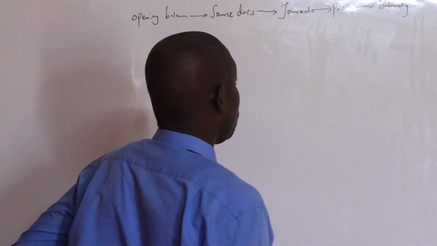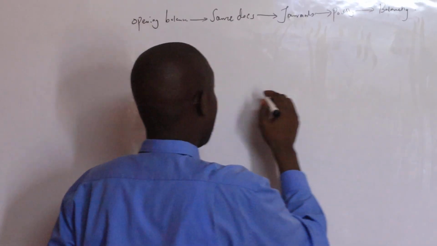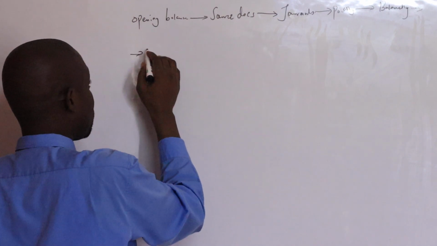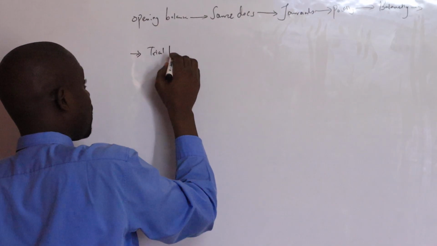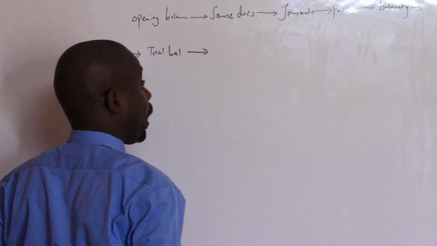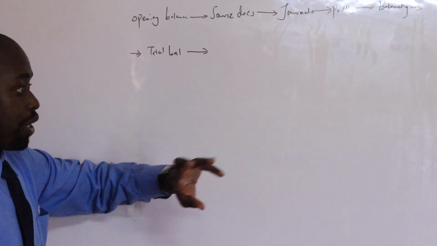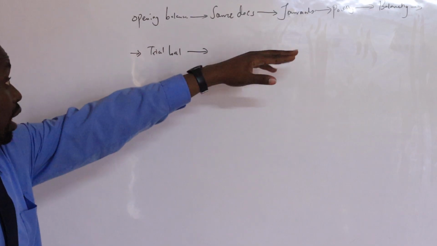After balancing them, we now get what we call the trial balance. So trial balance followed. And then trial balance is supposed to help us do financial statements, but we may have some additional information, things that have been discovered which had not been captured in the ledgers.